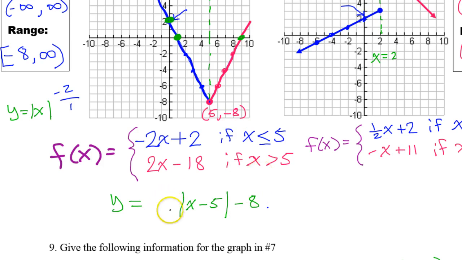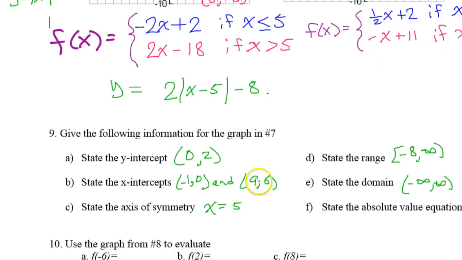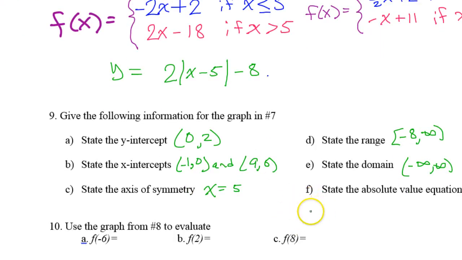Now, I might need a number in front depending on the slope of the right-hand side. Remember that this is going up 2 over 1. So that's 2. So that goes right there. So this is the absolute value function. So we have y equals 2 times absolute value of x minus 5, minus 8.